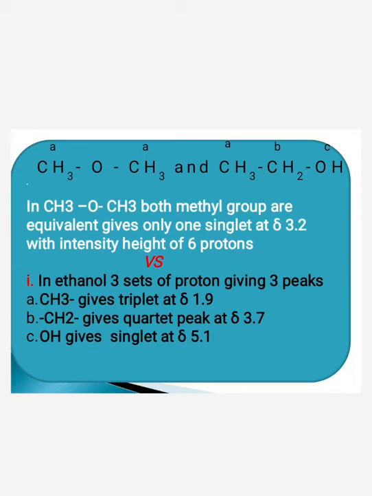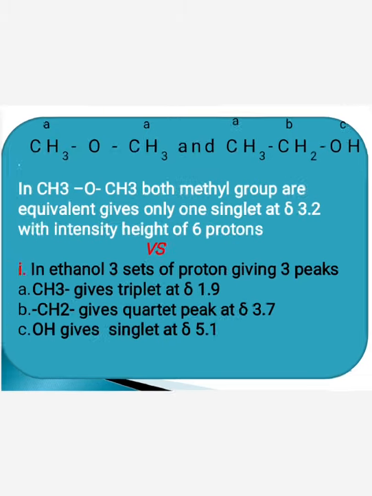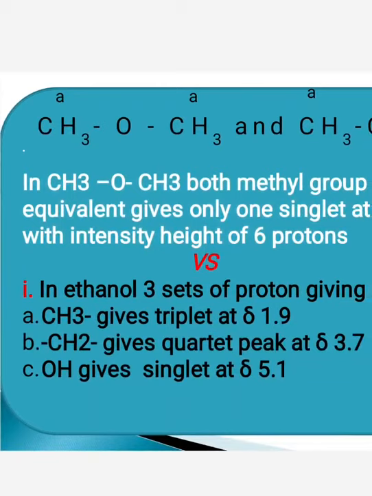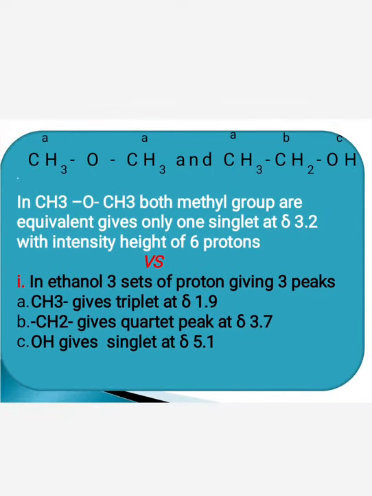Now these problems are also related to the university question papers. How will you distinguish the following compounds on the basis of NMR? Now see, how will you distinguish dimethyl ether from ethanol? In dimethyl ether, both the methyl groups have the same chemical environment. There is only one set of protons and we get a singlet for both the methyl groups at del 3.2 ppm with intensity of 6 protons.